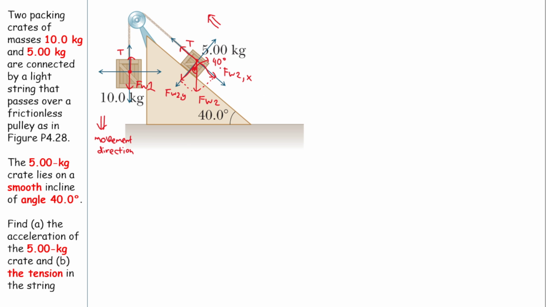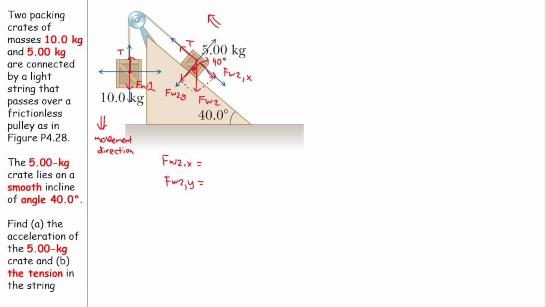So we can write out this FW2 in the X direction. What is it? Because this one here is the hypotenuse, FW2, Y is the adjacent side, right? Because the angle is here. But then FW2, X is on the opposite of the angle, right? So here, maybe let's think of both forces here.